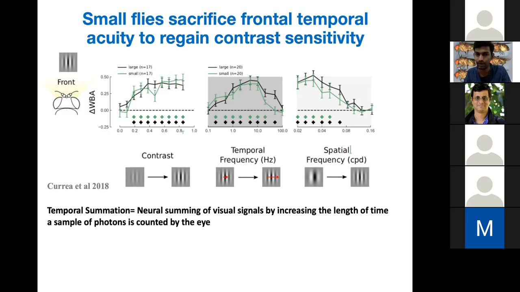Is that correct? Contrast sensitivity was retained. So I was wondering, is that something to do with a developmental thing, because it is compensating for one, or is it something they have to get exposed to, and as they spend more time, this develops?